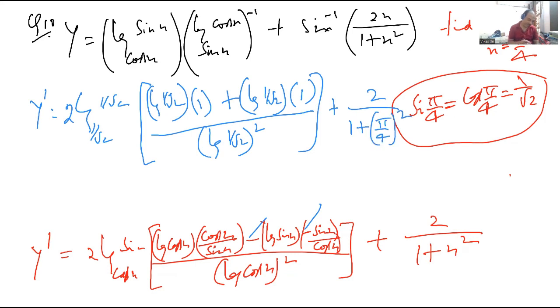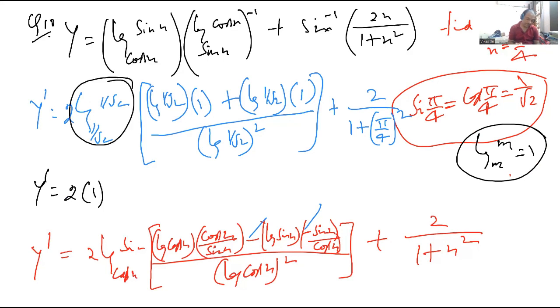Now here, you know log m with base m is always equal to 1. Here this is twice, and this whole will convert into 1. In the numerator part, there is log 1 over root 2, and here this is again log 1 over root 2.